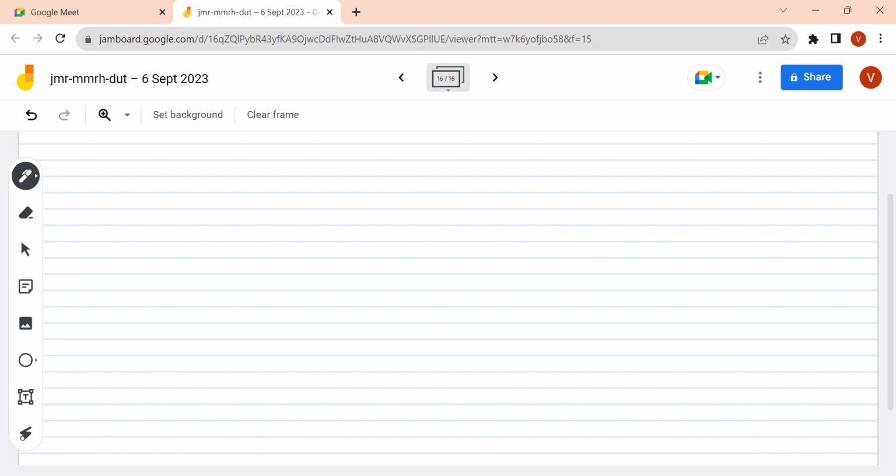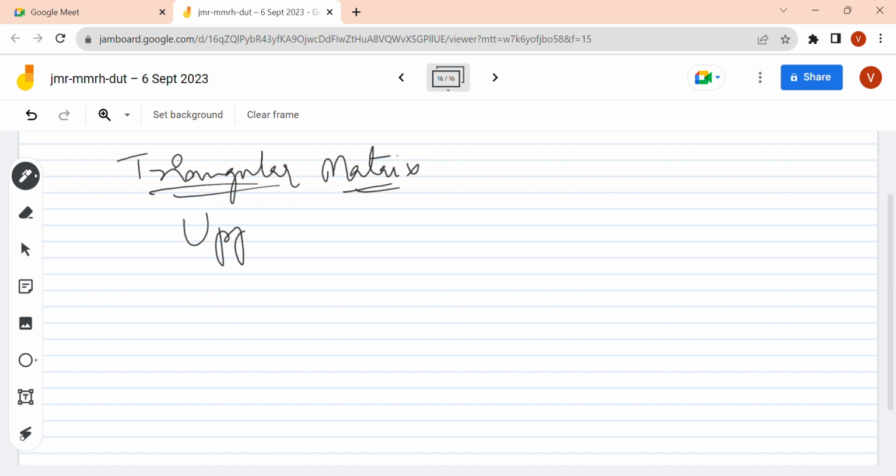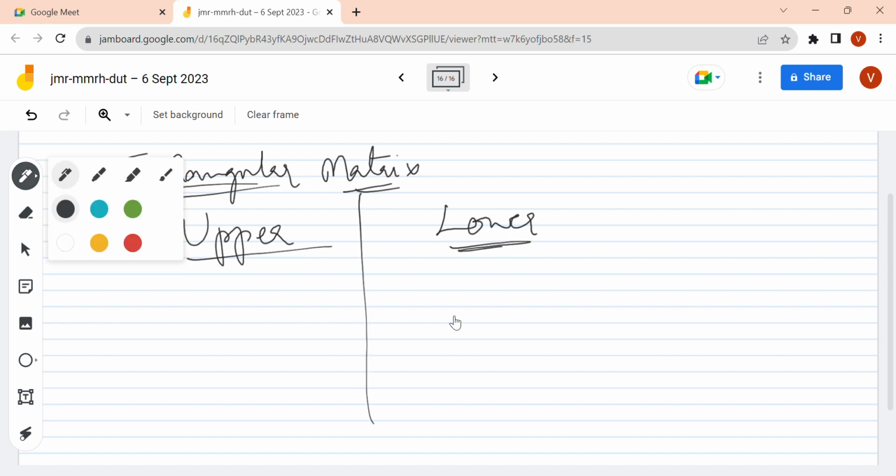Next comes your triangular matrix, null matrix, and transpose matrix. Triangular matrix. You have two types of triangular matrix here, that is upper and lower. What do you mean by upper and lower? Let's see.